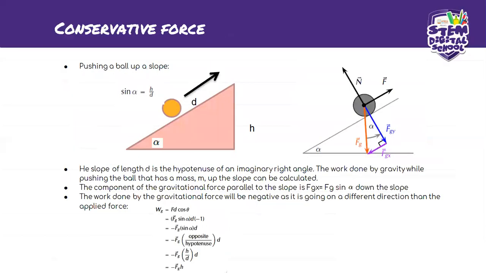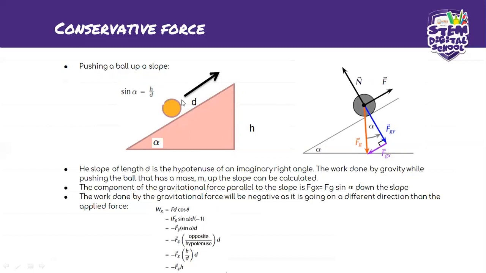And now we still continue with conservative force when we talk about pushing a ball up a slope. Okay, so it can happen that you find problems like that. So the slope of length d is the hypotenuse of an imaginary right angle. Okay, so the work done by gravity while pushing the ball that has a mass m up the slope can be calculated.